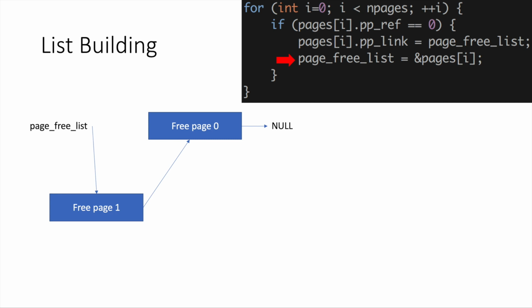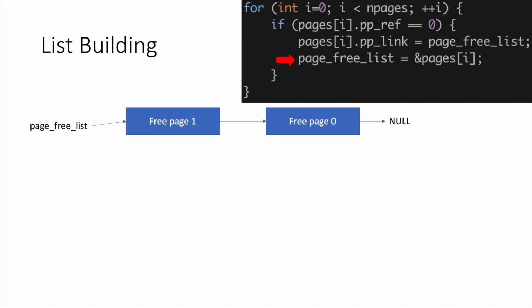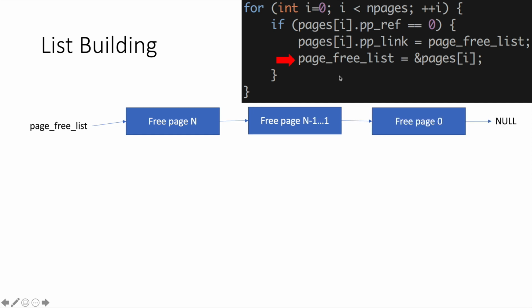Now the list has two elements like this, and by keeping doing this with the loop, you can build a linked list starting from page free list, next free page, next free page, and on and on and on. And at the end, you will see the null pointer.